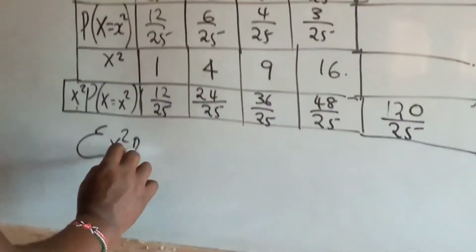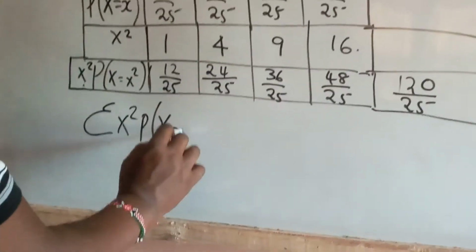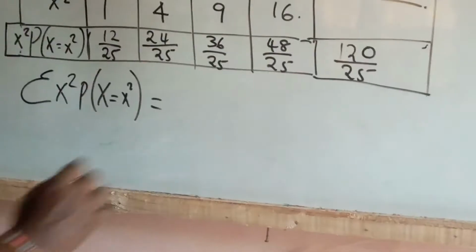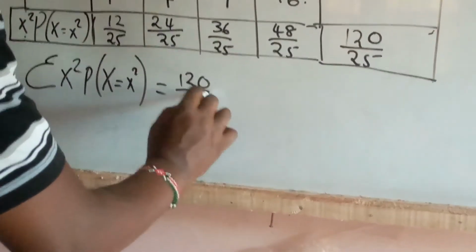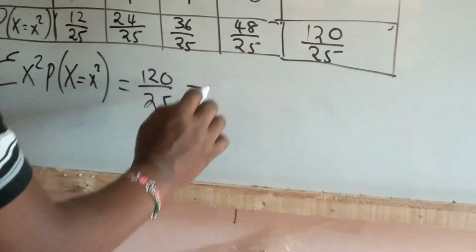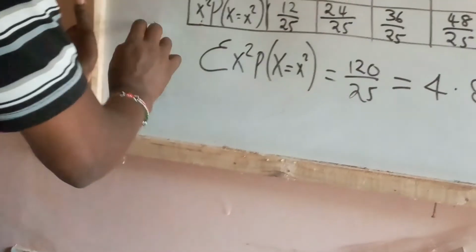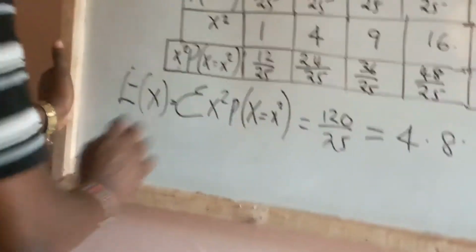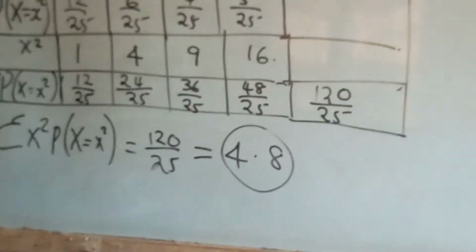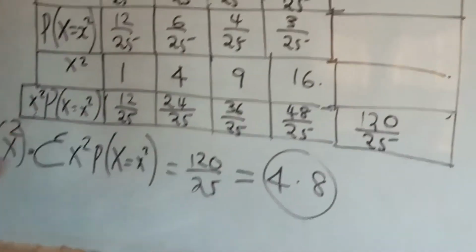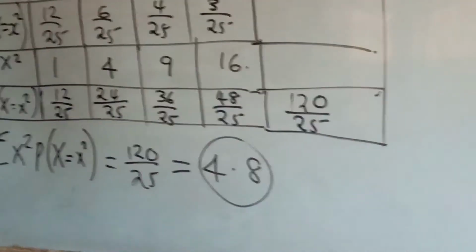The sigma of x squared multiplied by the probability of X equals x squared is just 120 over 25, which is 4.8. Please note the expected value of x squared is 4.8.